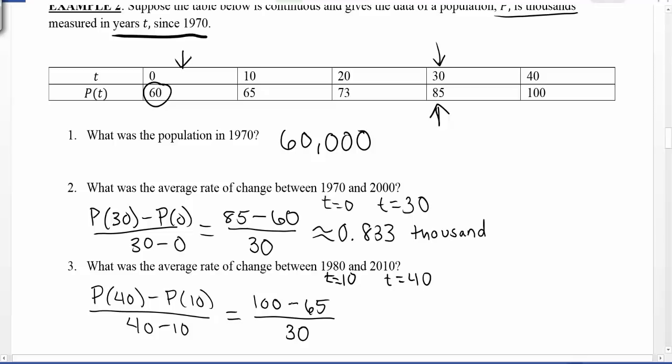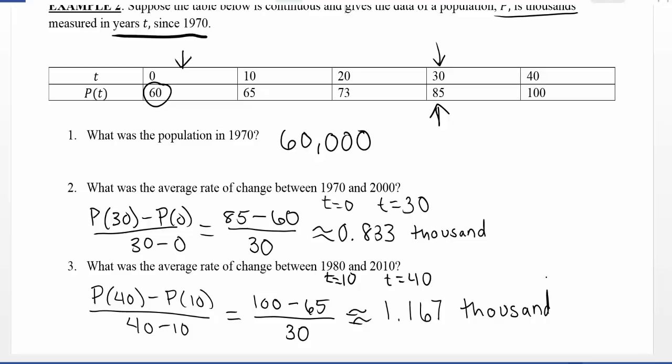So again, we're going to crunch that number, and we're going to get 1.167 approximately, and that's in thousands. So 1.167 thousand per year is what our population is changing on average between 1980 and 2010. So we can apply the formula to tables just like we could for graphs.